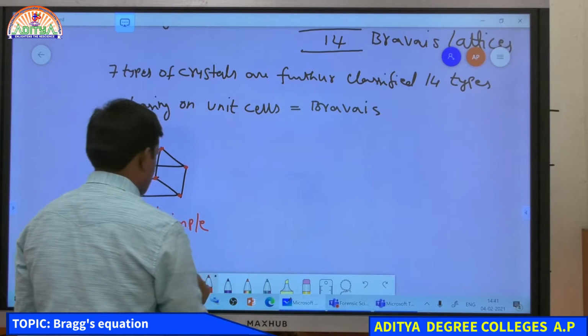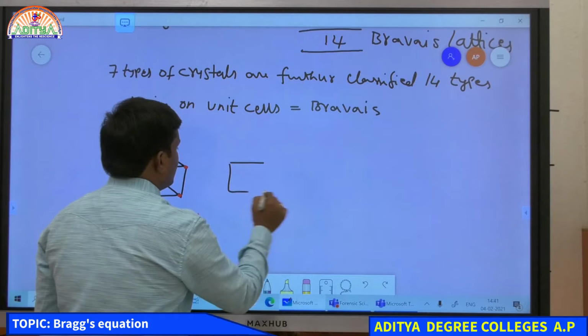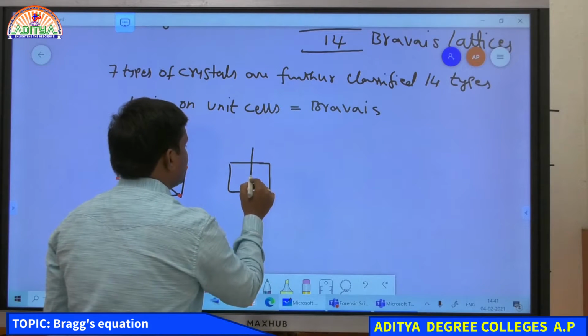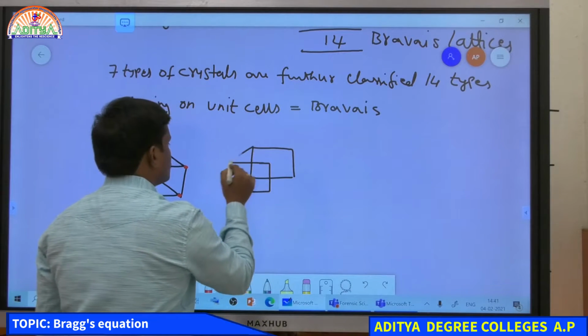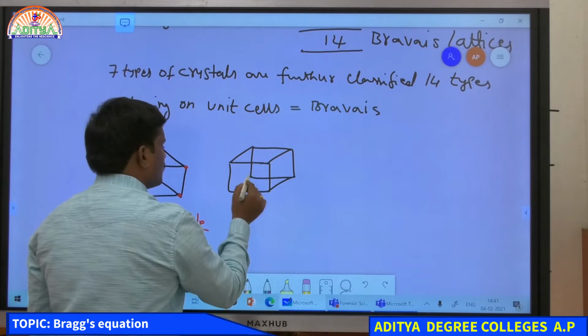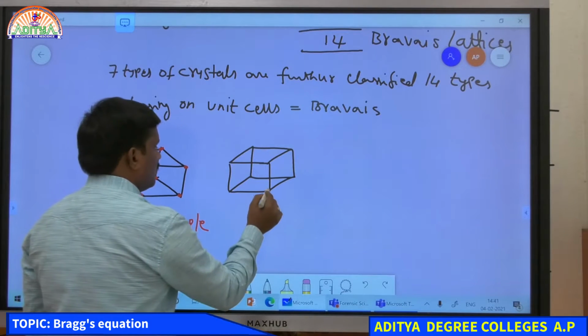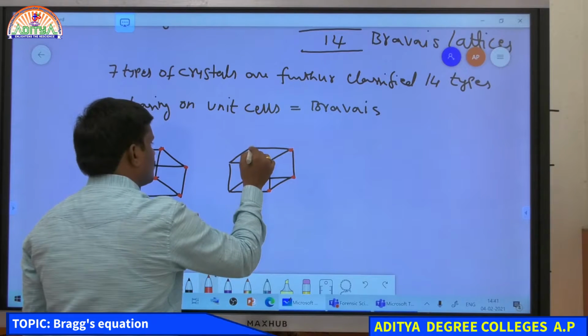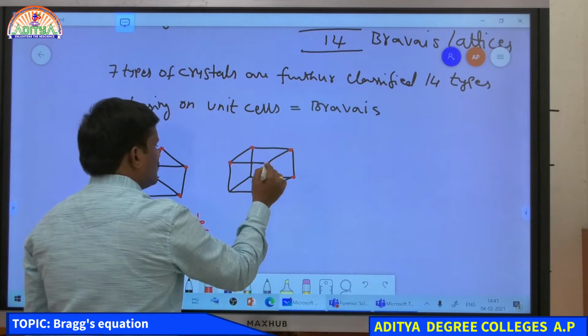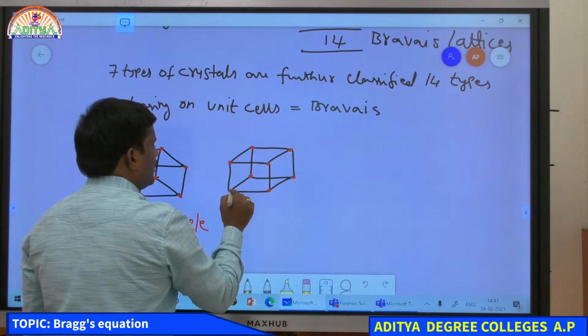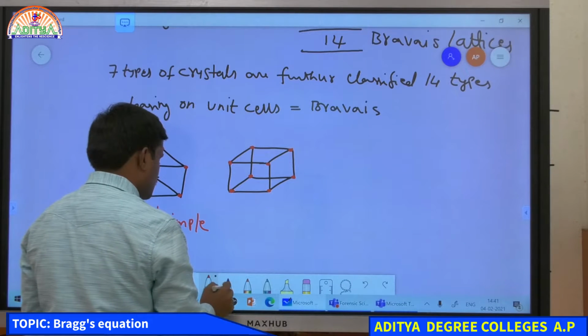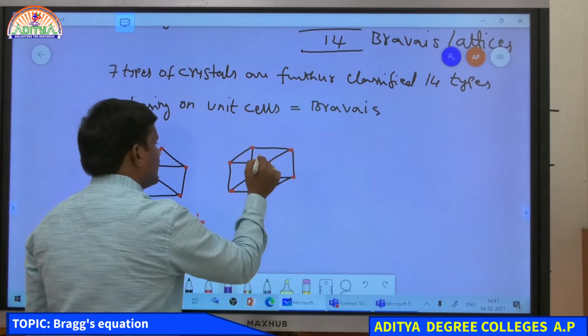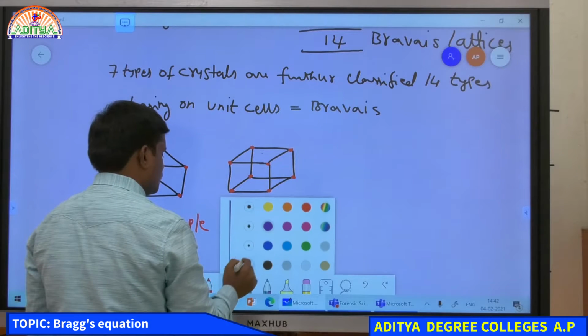Whereas if atoms are present at corners as well as the center of each face, so all 8 corners containing 8 points, and also the center of each face.